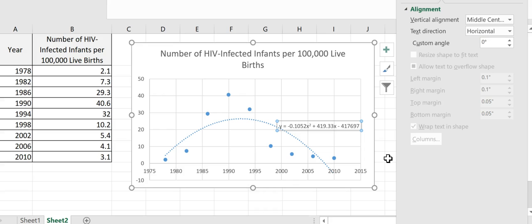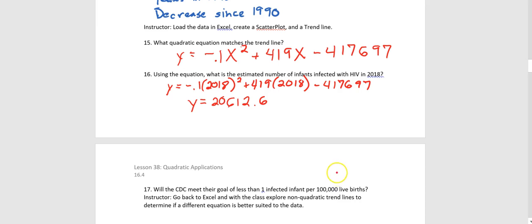And so when we have an equation that doesn't seem to fit our values very well, using the equation will just give you kind of ridiculous answers, which is too bad. But that's what happens. Let's take a look back at the document and see what question 17 is.